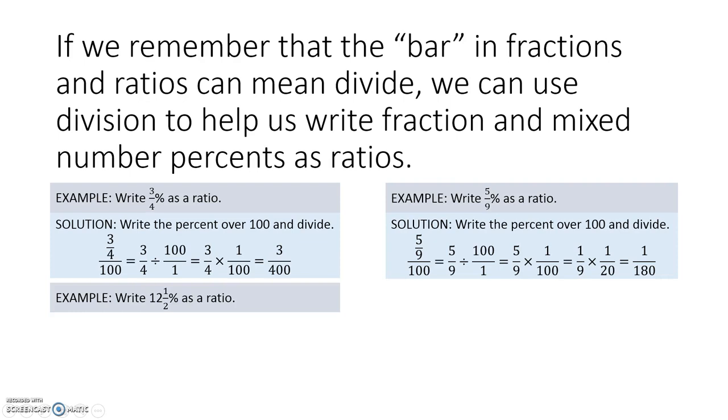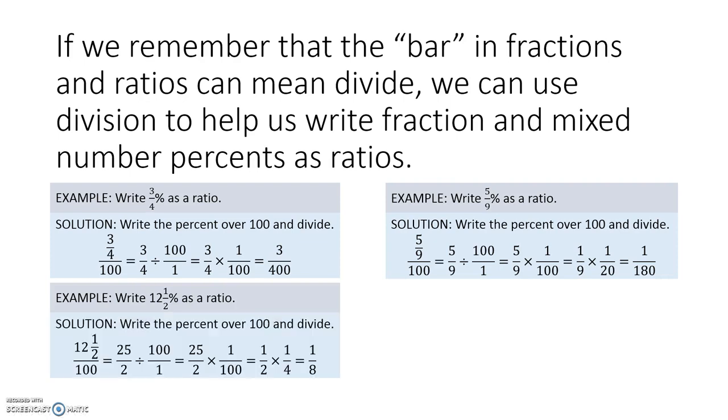Here's our next example. 12.5% as a ratio. Do the same thing. Write the percent over 100 and then use division. 12.5% over 100. Since 12.5% is actually a mixed number, we need to write it as an improper fraction in order to divide or multiply. So 12.5 is the same as 25 over 2.